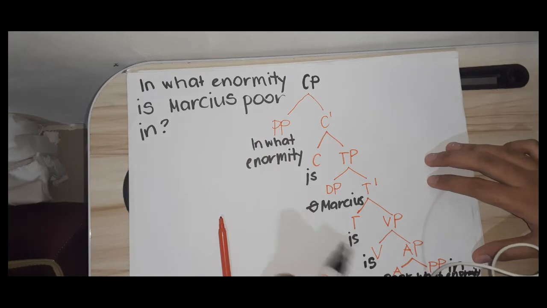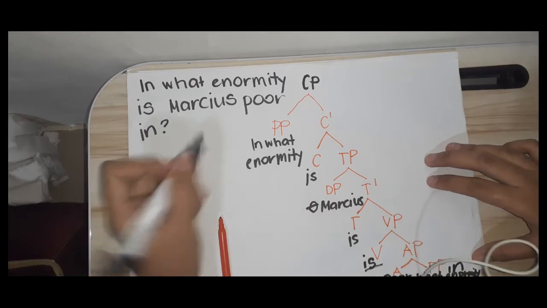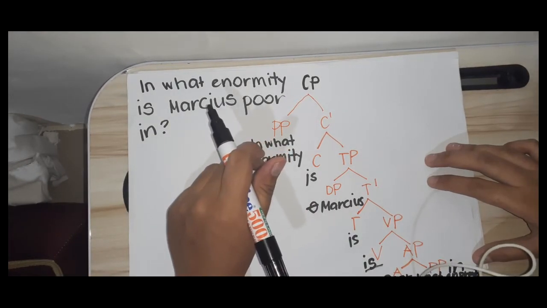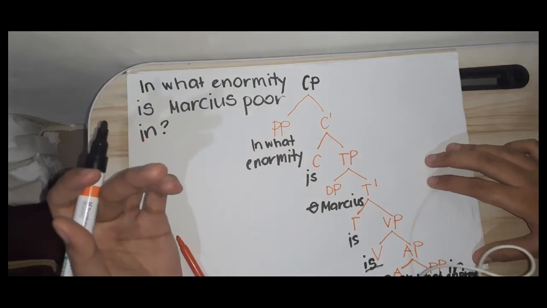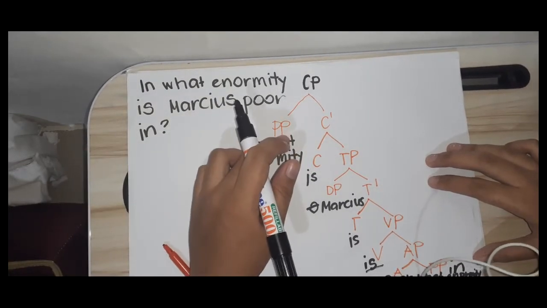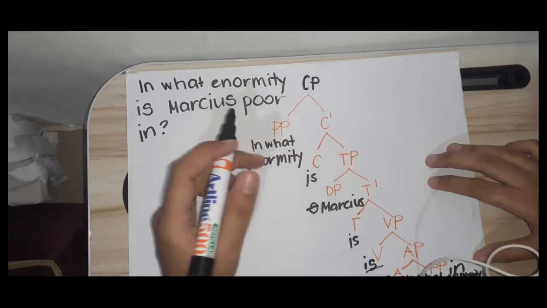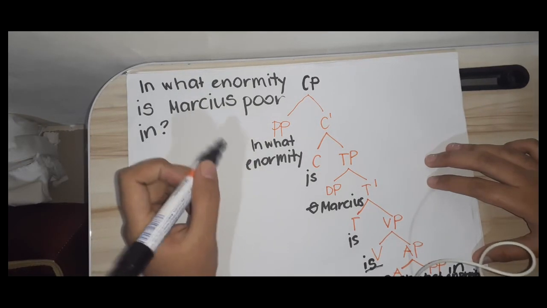So the two italicized copies of the copular verb are deleted by the operation of copy deletion. But consider how copy deletion affects the copy left behind by movement of the prepositional phrase in what enormity to specifier CP. If we suppose that copy deletion deletes the smallest phrase containing the WH word what, it will delete the quantifier phrase what enormity rather than the prepositional phrase in what enormity.